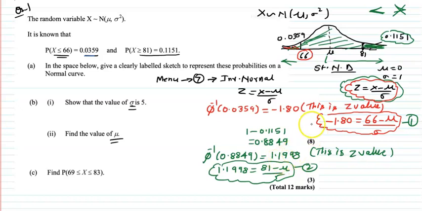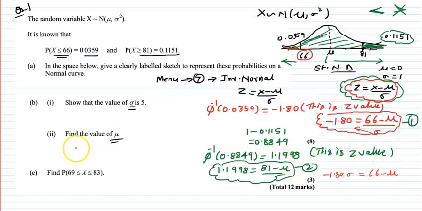So from equation 1, I'm using red ink, and from equation 2, I'm using green ink. From equation 1, if you multiply by sigma, it should be minus 1.80 sigma equal to 66 minus mu.